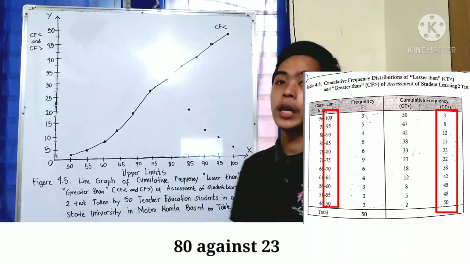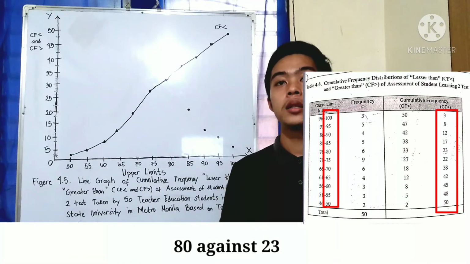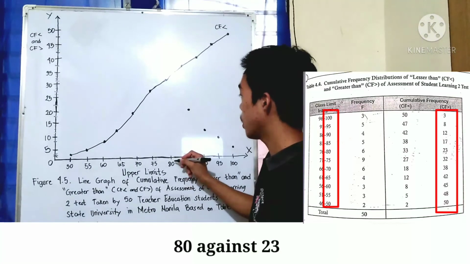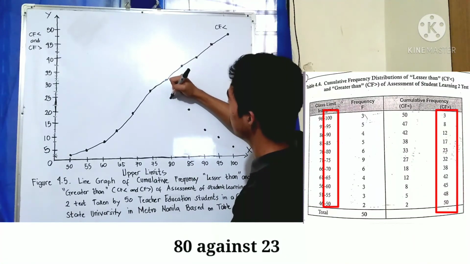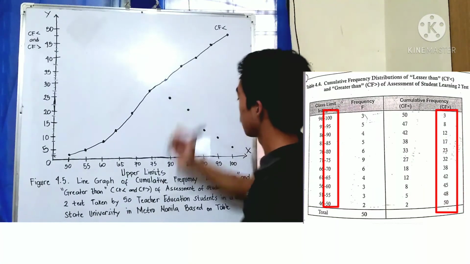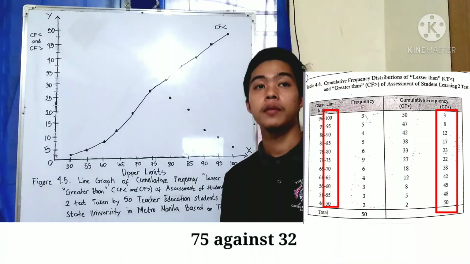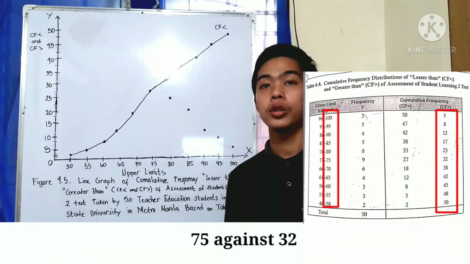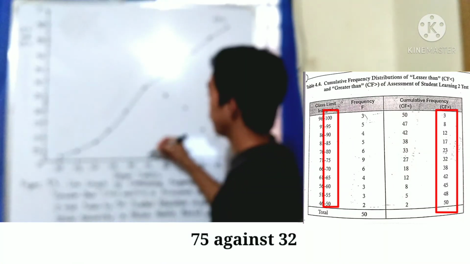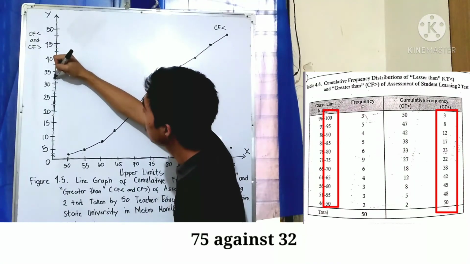Next, in the upper class limit of 80, we will plot 80 against 23. So 80 against 23. Next, in the upper class limit of 75, we will plot 75 against 32. So 32 must be right here.